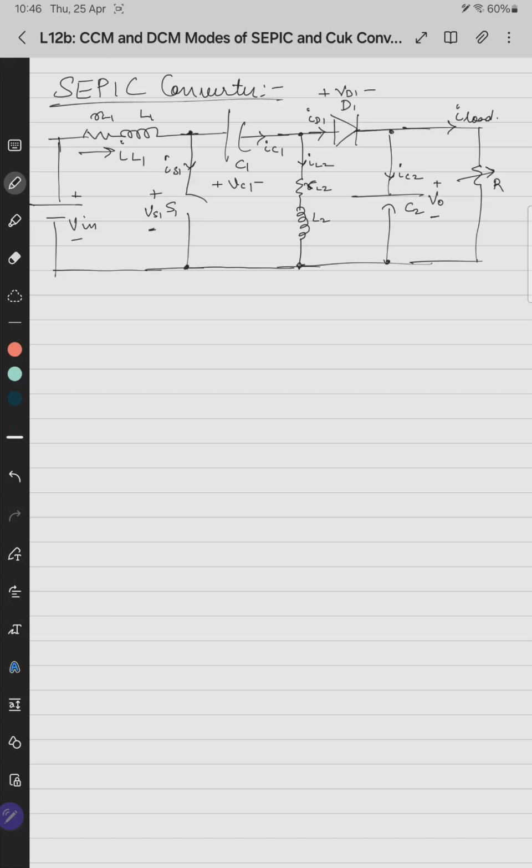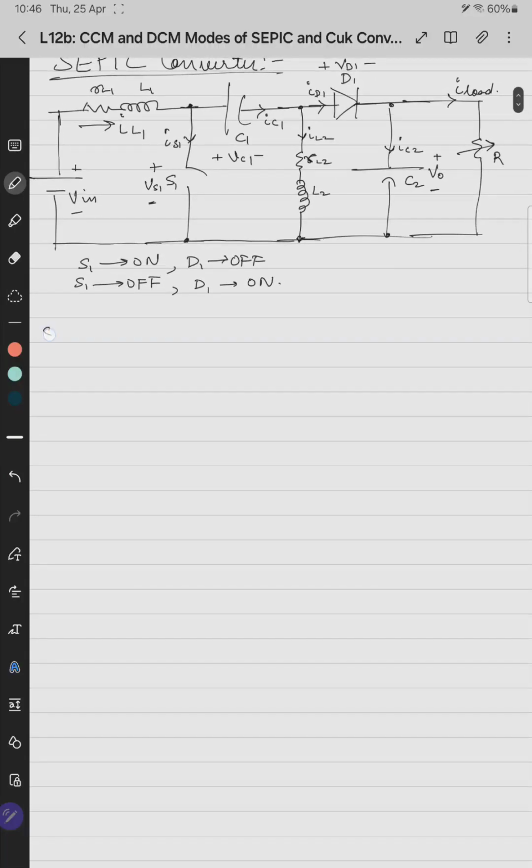Here what happens is that when S1 is on, D1 is off, and when S1 is off, D1 is on. When S1 is on, the circuit looks like this.